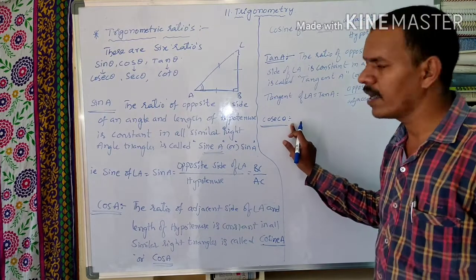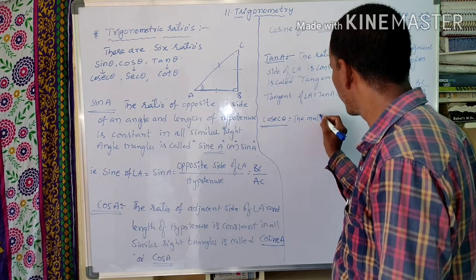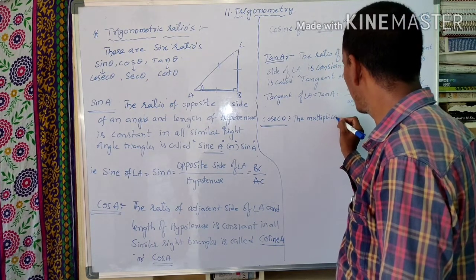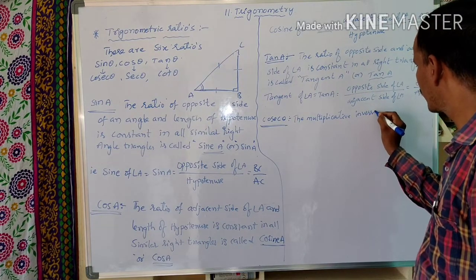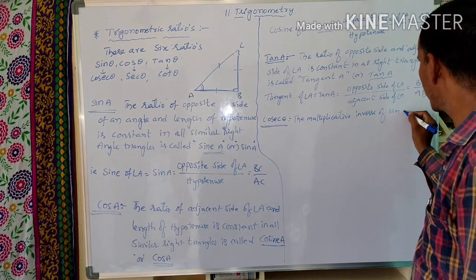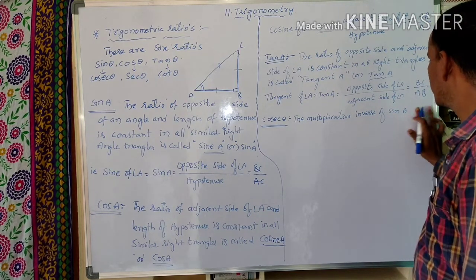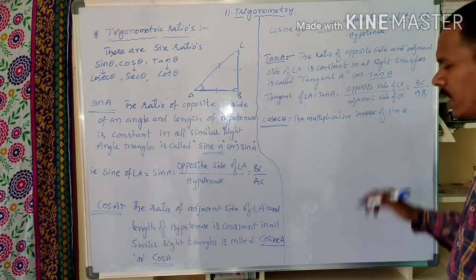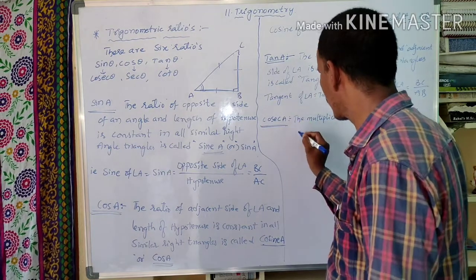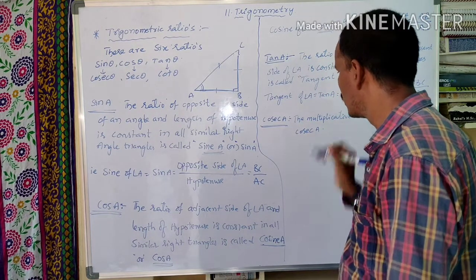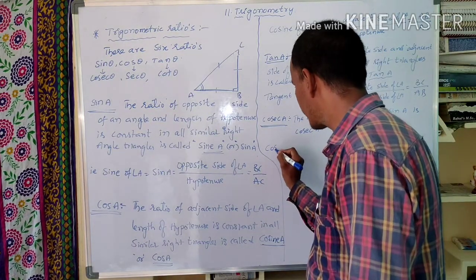Cosec theta is the multiplicative inverse of sin A. So the multiplicative inverse of sin A is cosec A. The actual name is cosecant.